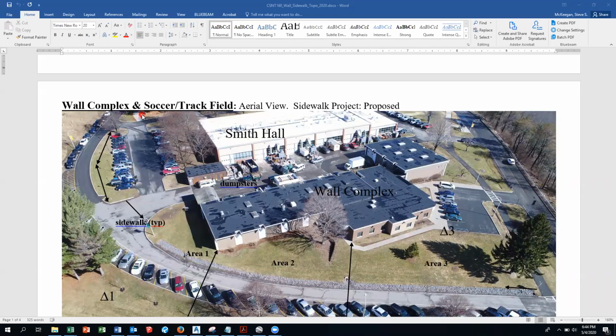And so what students do is they walk through the parking lot, or they walk along here on the grass, go across here, and then walk in the road. And then eventually they meet up with a sidewalk here that then goes to the parking lot, and then of course does the old loop around campus.